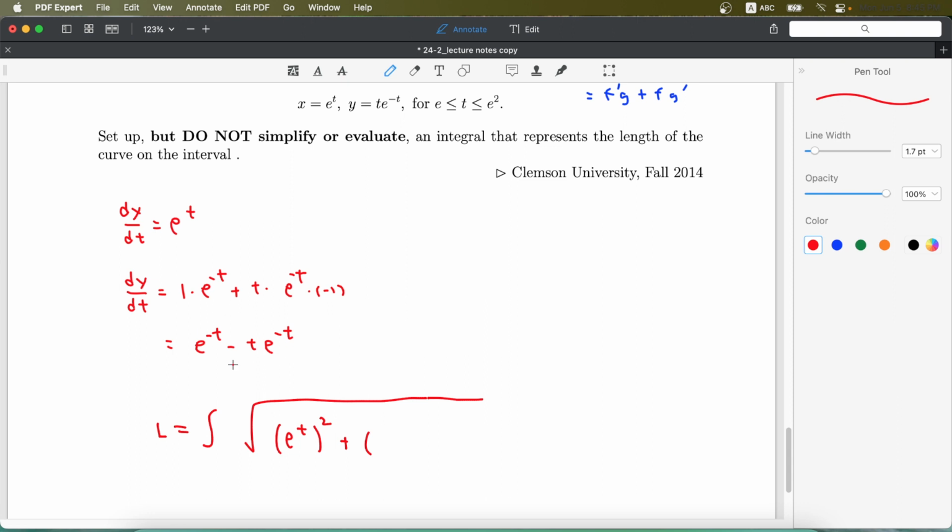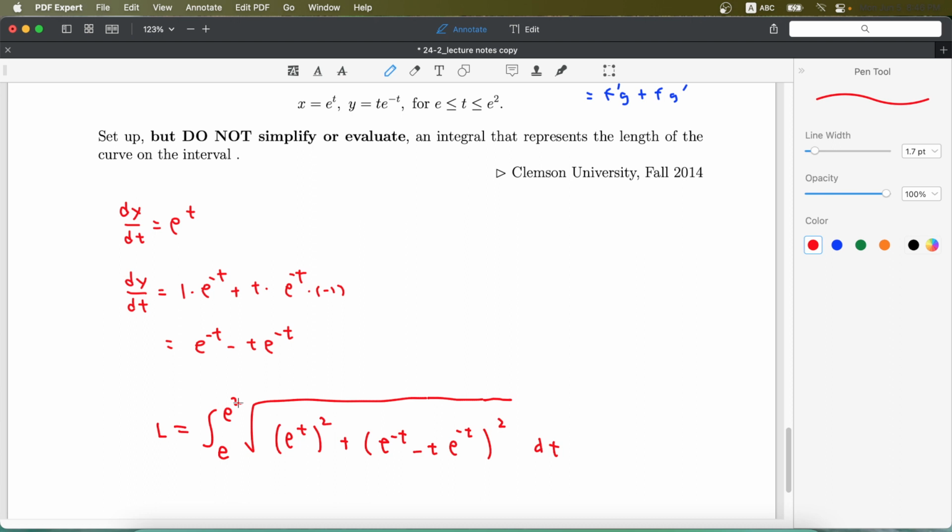The same, I don't care what it is, I just need to copy it. So e to the negative t minus t times e to the negative t, squared. And I will integrate with respect to t from e to e squared. Any questions?